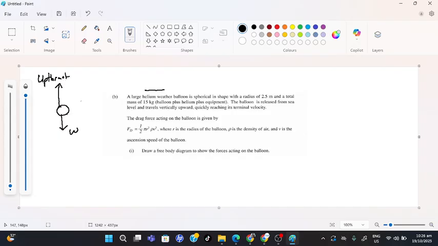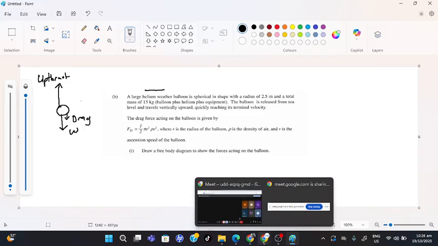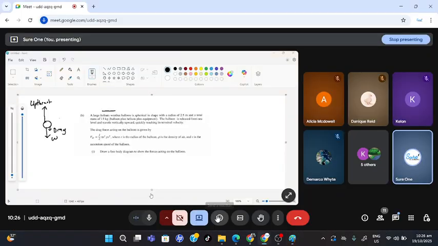And your drag force will be going down when you start. Drag force is a resistive force, so it has to go in the opposite direction from motion. That's where most students would have made that mistake.